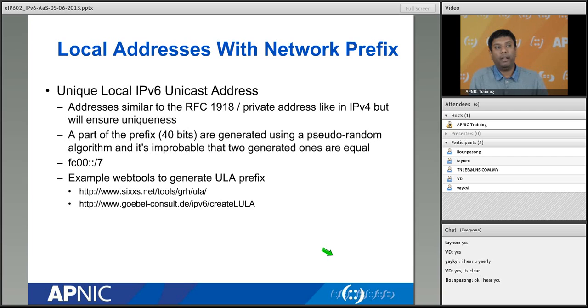How is it better? Using the ULA prefix, if you build your site address, which is /48, we use a pseudorandom algorithm. By using the pseudorandom algorithm, there is a fair chance you'll have a unique address, even between two organizations. It's mathematics, right? If all the organizations in the world use the pseudorandom algorithm to build their site addresses, they'll have nearly unique site addresses. So if they merge together, there is a very, very low possibility of duplication.